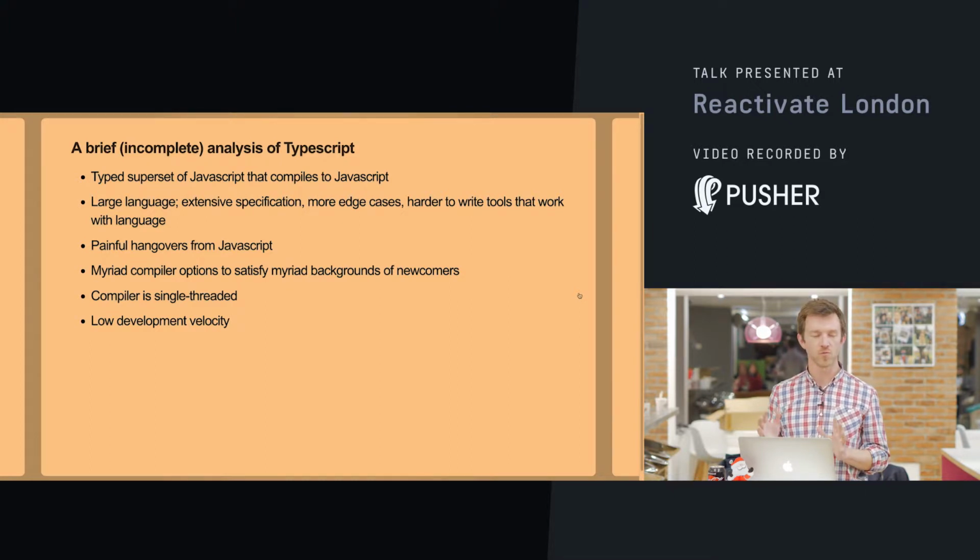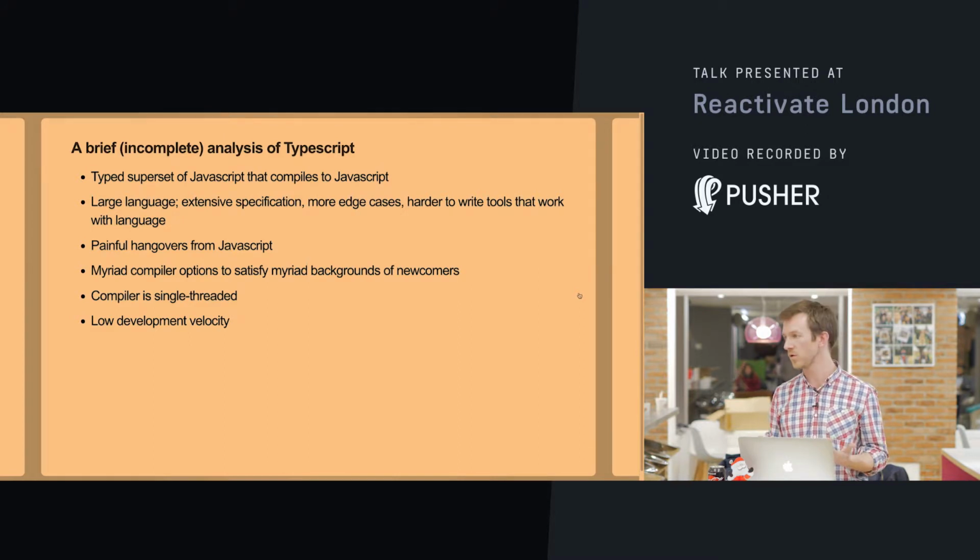So TypeScript is quite a large language in terms of its specification. In fact, the specification is extremely long. Our experience with that was that there are quite a lot more edge cases when actually using the language itself. And not only that, it's then quite a bit harder to write tools that work with the language.